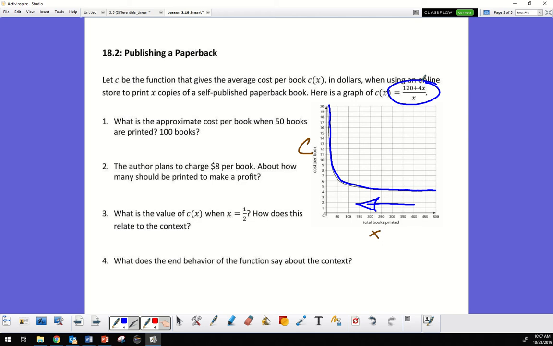So what is the approximate cost when 50 books are printed? So look at my graph, find 50. What's the approximate cost? 6.5. About, you say 6.5? Okay. So we're going to say it's going to be 6.5. I'm going to change it to red.